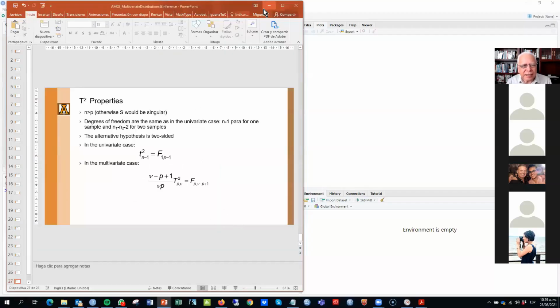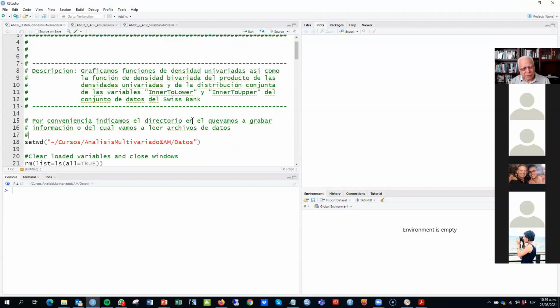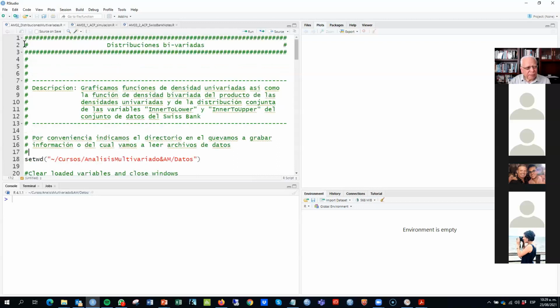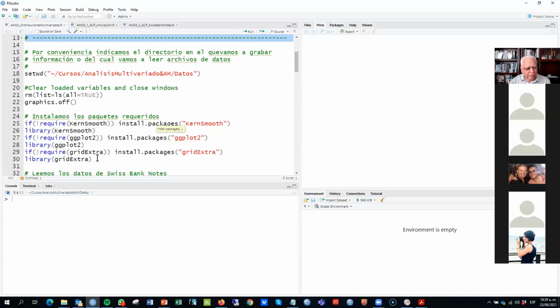Now let's look at the script AM02 distribuciones multivariadas. If you already have it on your computer, let's run until we implement the package. We install the packages.